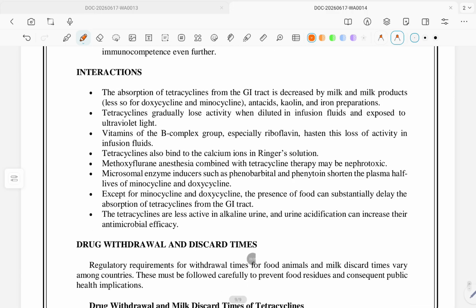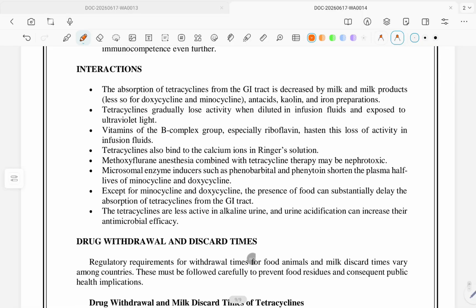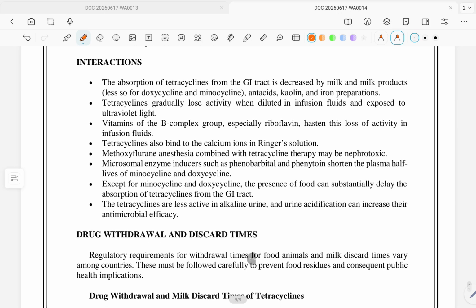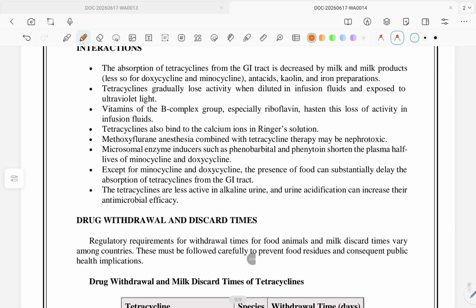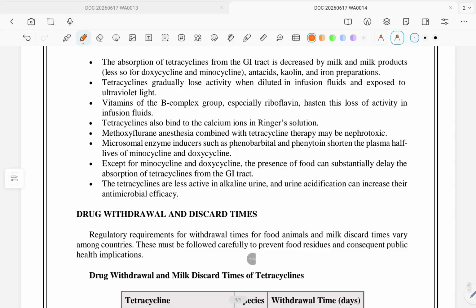Interactions. The absorption of tetracycline from the GI tract is decreased by milk and milk products, less so for doxycycline and minocycline, and by antacids, choline, and iron preparations. Tetracycline gradually loses activity when diluted in infusion fluid and exposed to ultraviolet light.